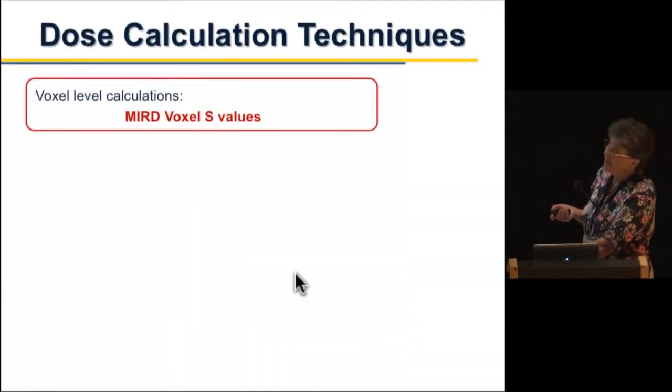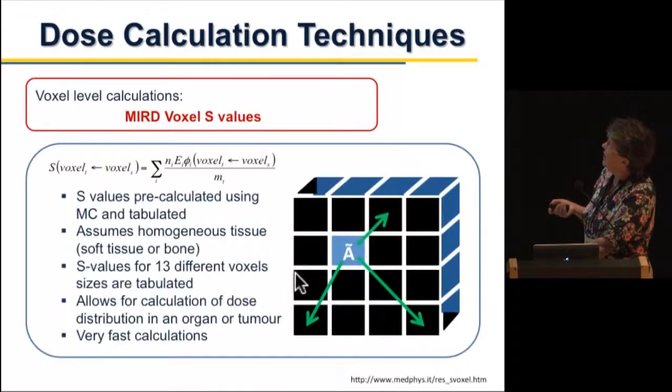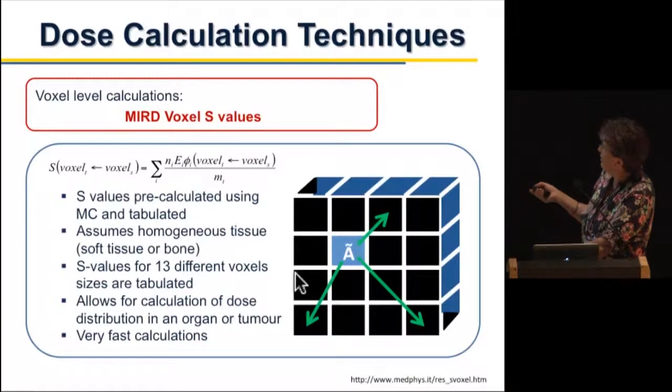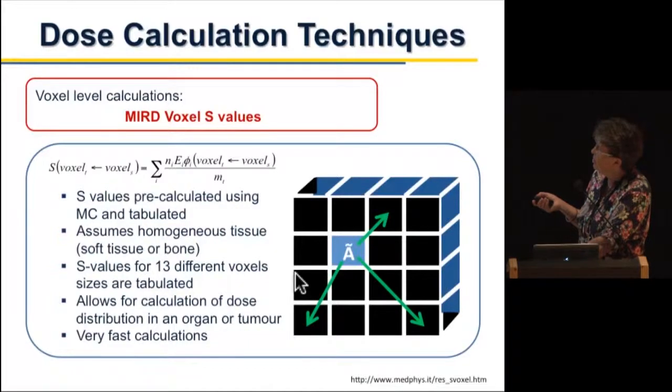The next level would be voxel S values, where you pre-calculate the dose from one voxel to the neighboring voxels for every given activity or isotope. This has been pre-calculated for many isotopes. Actually, there's one of the pages where those data are stored.